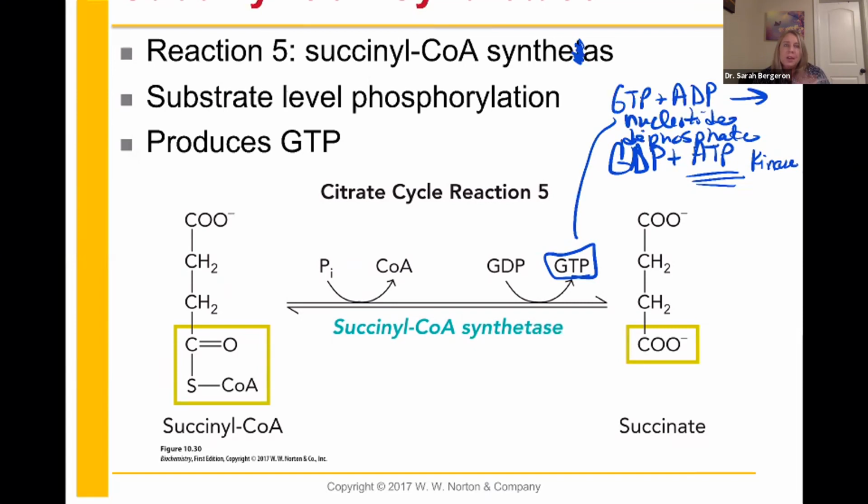And so you got to think about why this transfer of phosphate occurs, right? When we start over here, what we have is a thioester bond that's storing quite a bit of energy inside of that bond. It's about negative 34 kilojoules per mole, right? And so the amount of energy that it takes to transfer a phosphate group is a positive 30 kilojoules per mole.